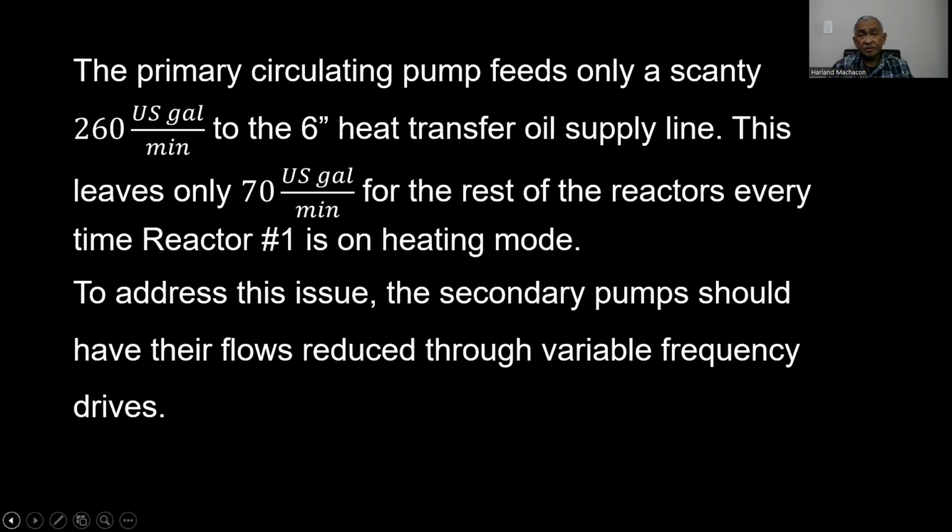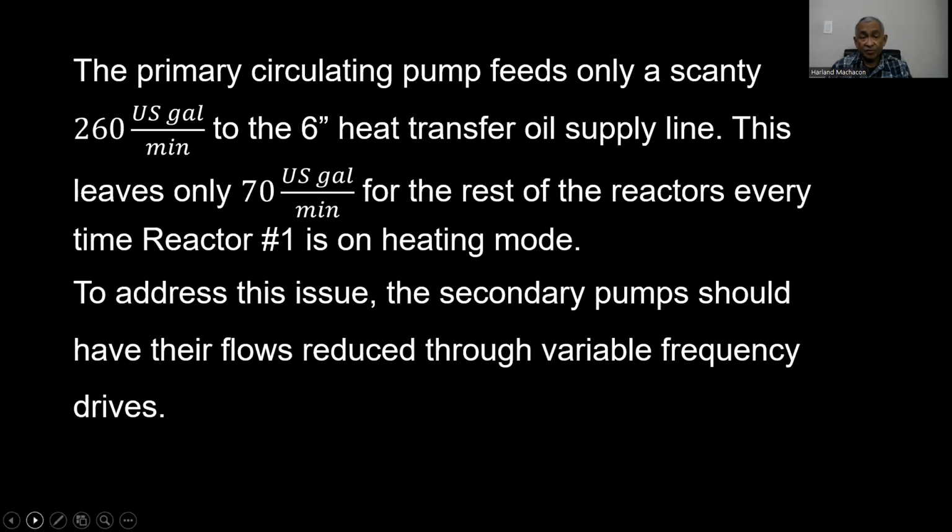The primary circulating pump, as calculated and measured during our previous video tutorial, feeds only a scanty 260 US gallons per minute to the 6-inch heat transfer oil supply line. This leaves only 70 US gallons per minute for the rest of the reactors every time reactor 1 is on heating mode.